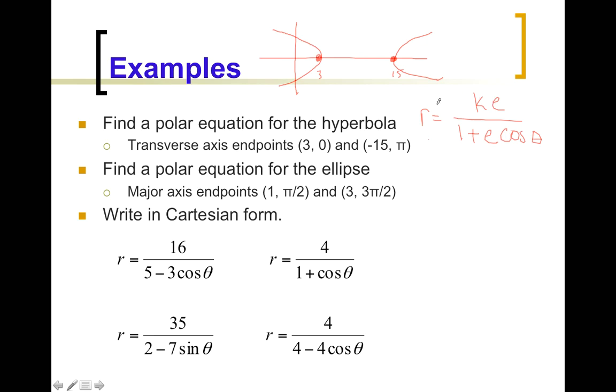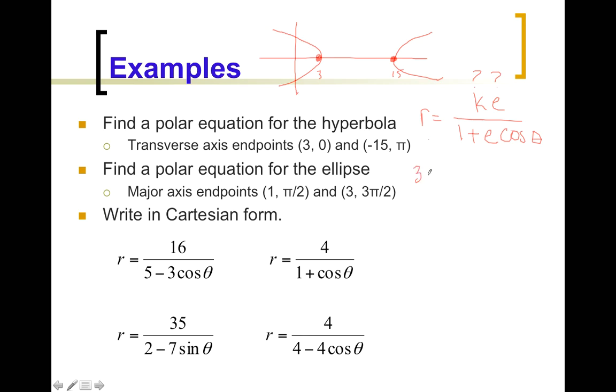Now, in order to write the equation, we need to know what k and e are. And it's actually not that hard to figure out. We know that if we plug in 0 for theta, we should get r equals 3.